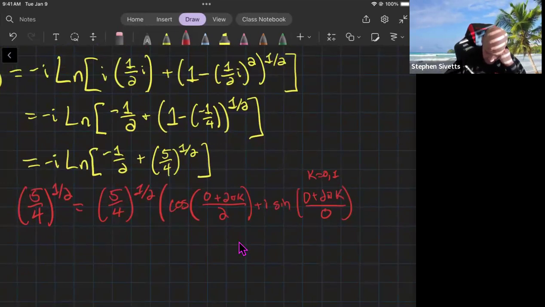And so we'll just have square root of 5 over 2.